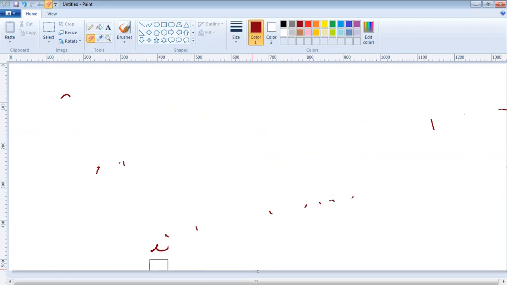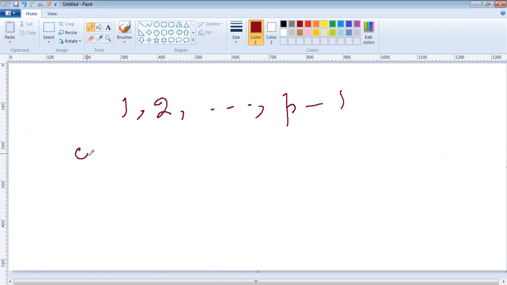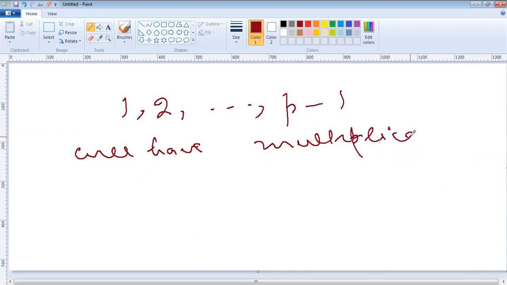In a field, every non-zero element has a multiplicative inverse in the same field. So the non-zero elements 1 to p minus 1 will have multiplicative inverses in Z_p.